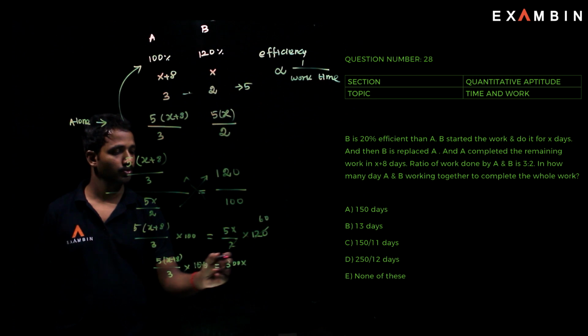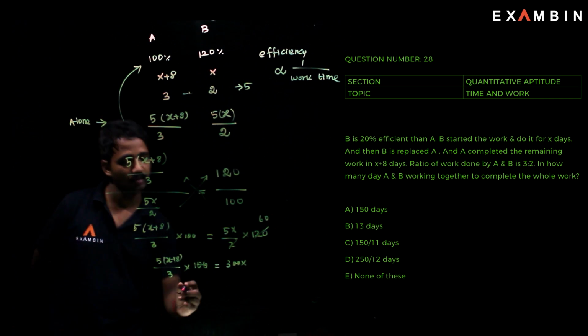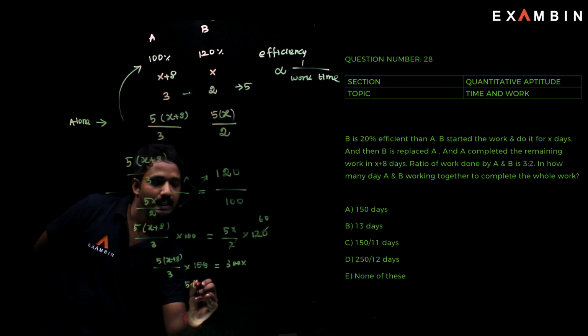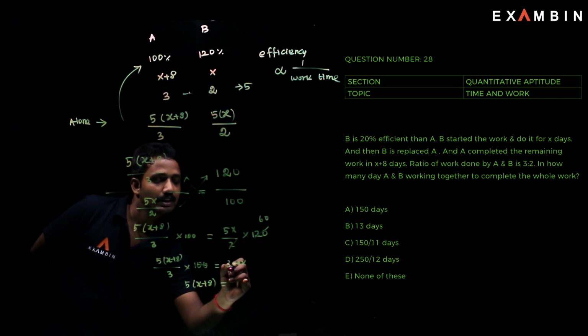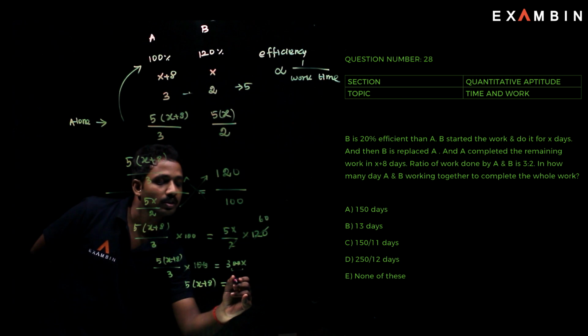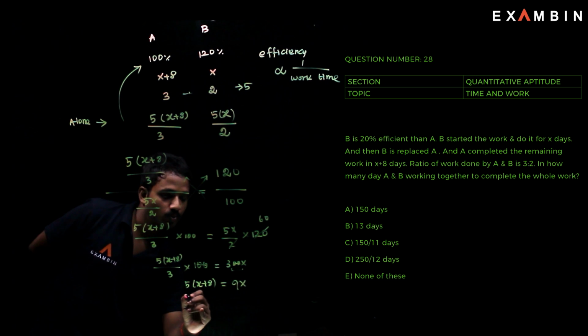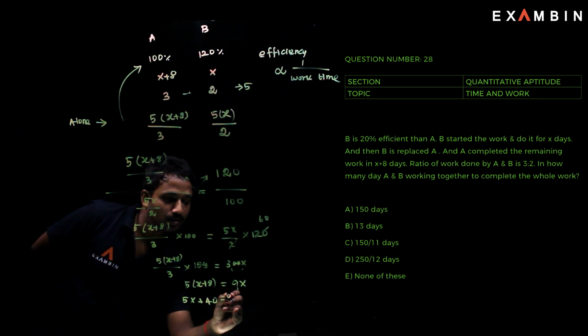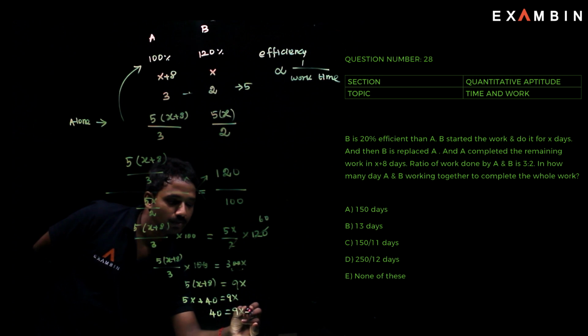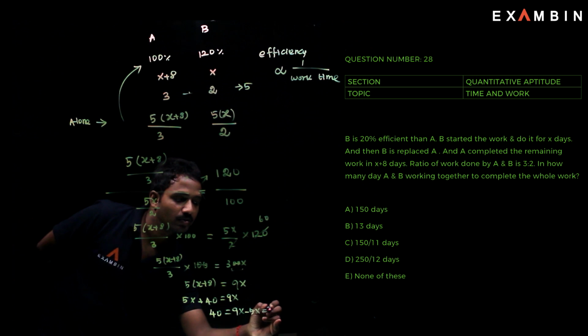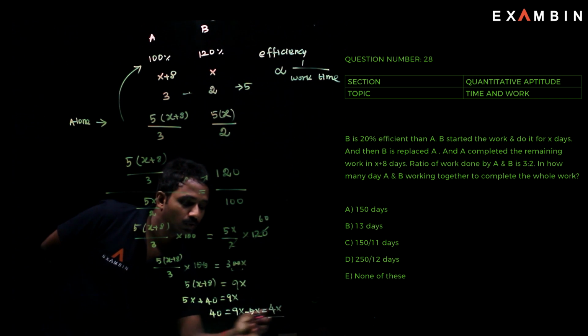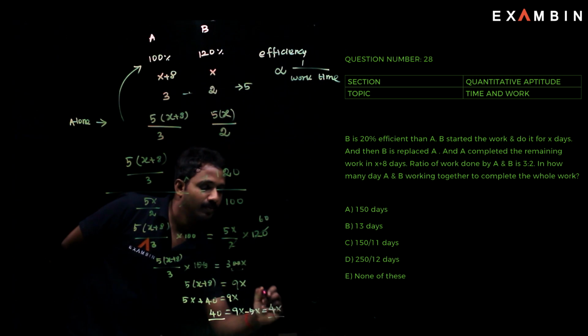These two zeros and these two zeros can be cancelled. So 5 into x plus 8 is equal to 3x into 3, 9x. So 5x plus 40 is equal to 9x. 40 is equal to 9x minus 5x, which is 4x. So x would be 10.